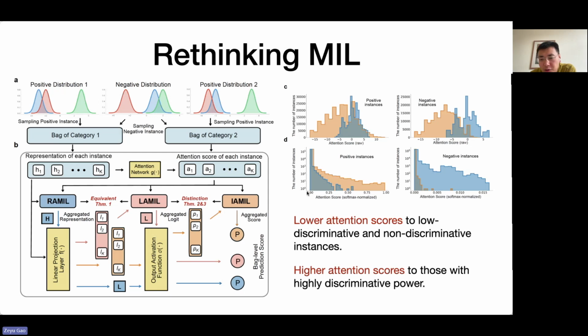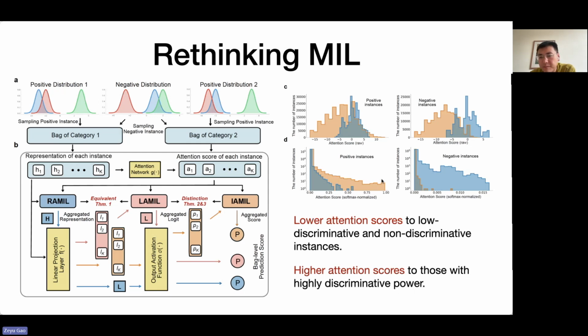And finally, our conclusion is that instance-based multi-instance learning will give lower attention scores to low discriminative and non-discriminative instances, but it will give higher attention scores to those with highly discriminative power.